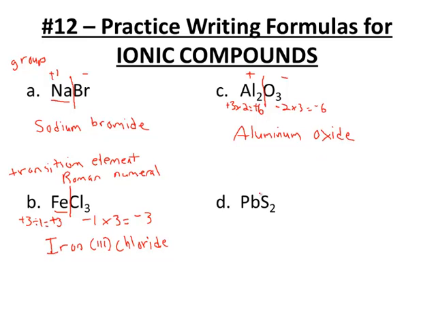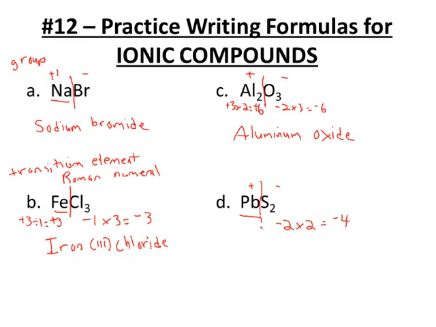So aluminum oxide. Lead was one of those elements that we said was going to be in the transition element category. So lead could be a plus 2 or it could be a plus 4. When we draw our line between, we have our metal and our non-metal. So lead and sulfur. Sulfur is a minus 2 charge times the 2 that we do have is a minus 4.